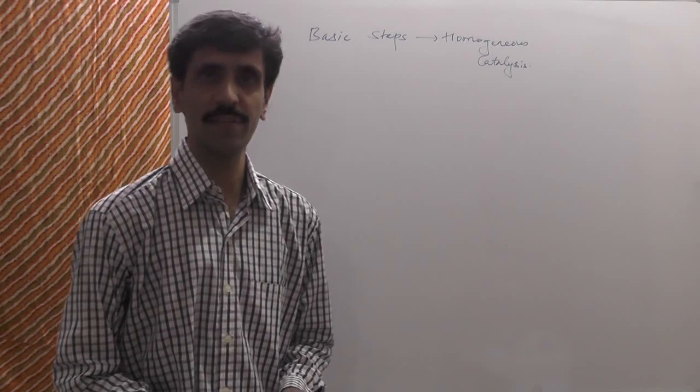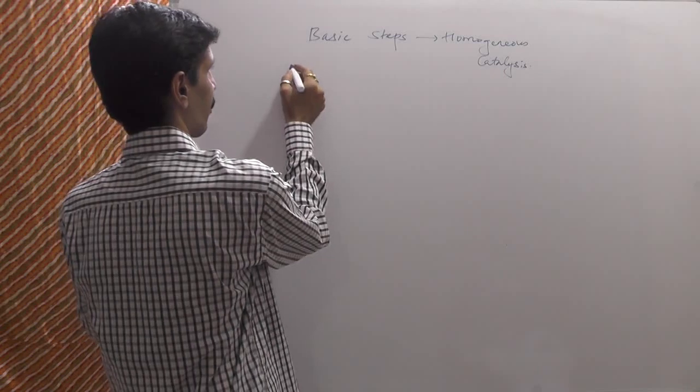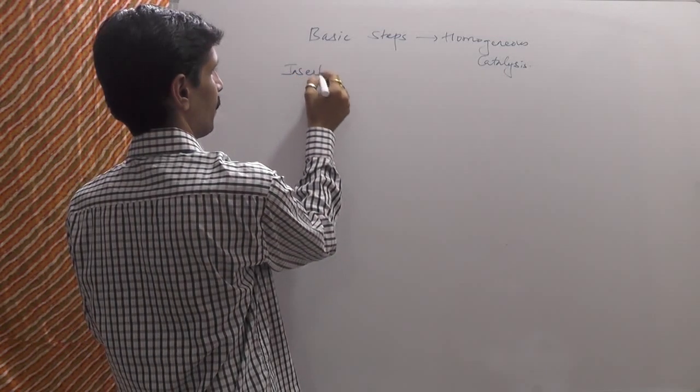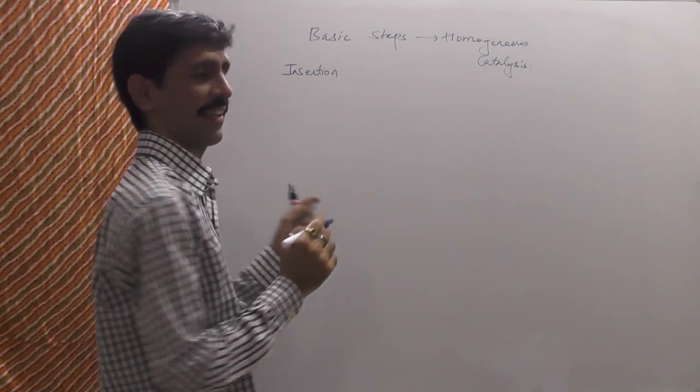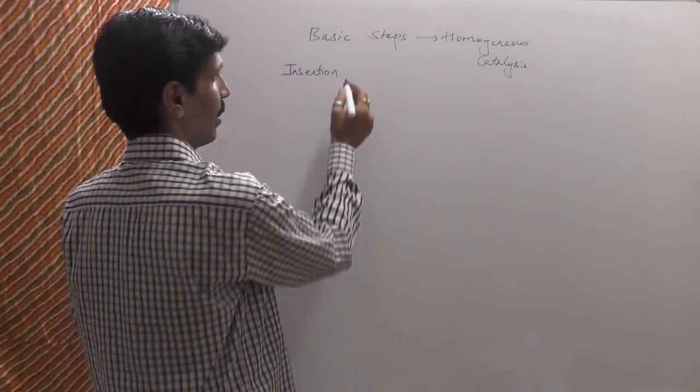Going to step number 3, and that is insertion reaction. We have the first one as OA, the second one as RE, the third one is insertion. Now what is insertion?